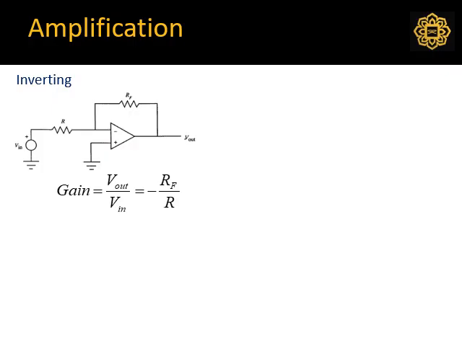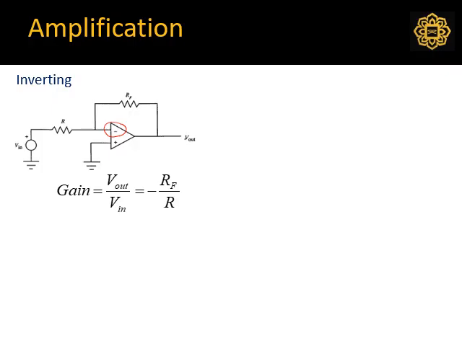The gain is negative because your input is connected to the negative input of the op-amp, and the non-inverting input is connected to the ground. This is basically the gain. How do we derive this gain? You have to understand two things.